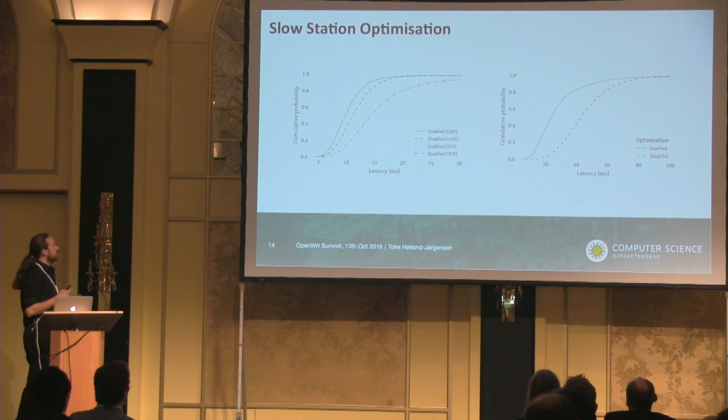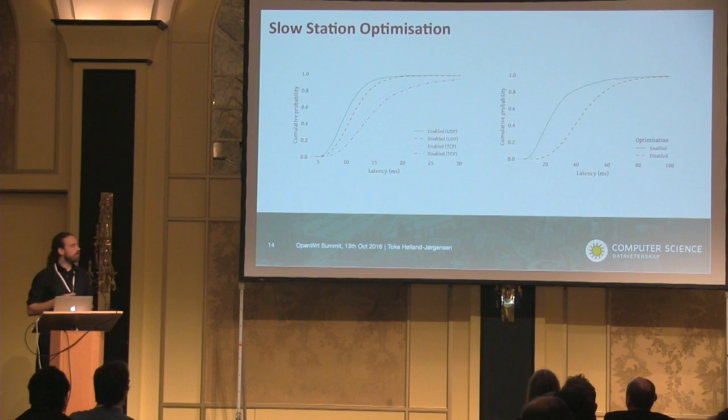Right. So another thing we did when we created this airtime fairness scheduler is we put in an optimization. That means that if you have a station that only transmits occasionally, on a very short time scale, for example something that just has a VoIP flow, or something that usually doesn't require a lot of bandwidth but is usually latency sensitive.